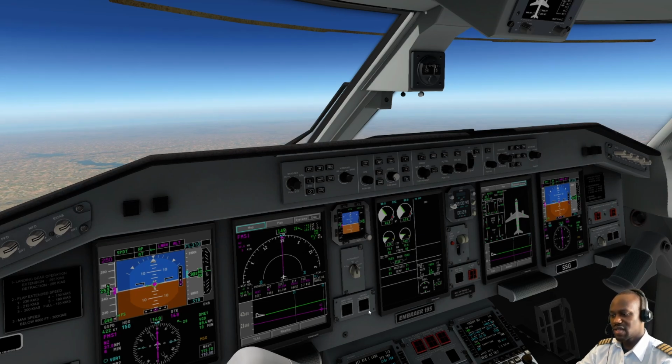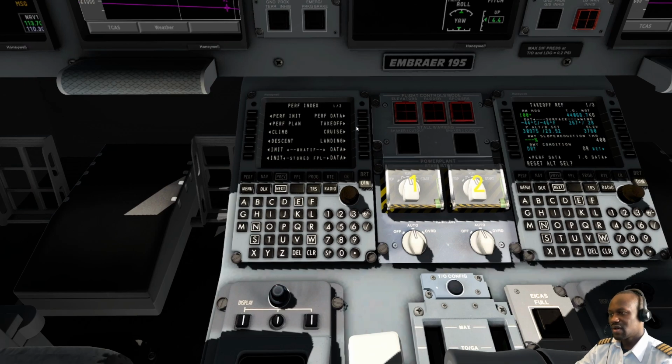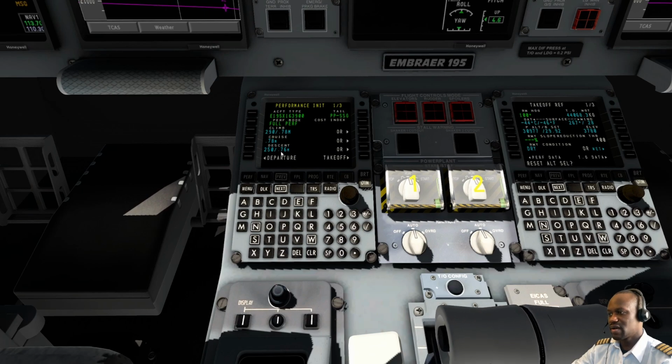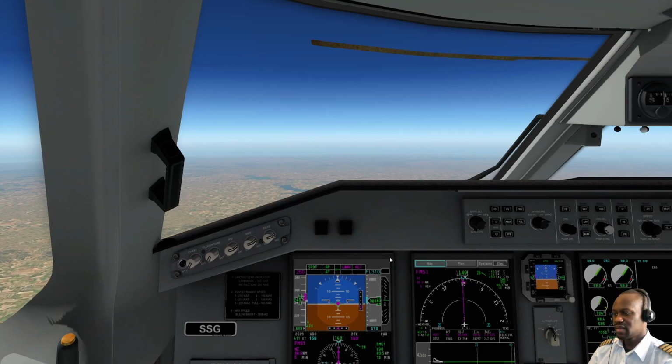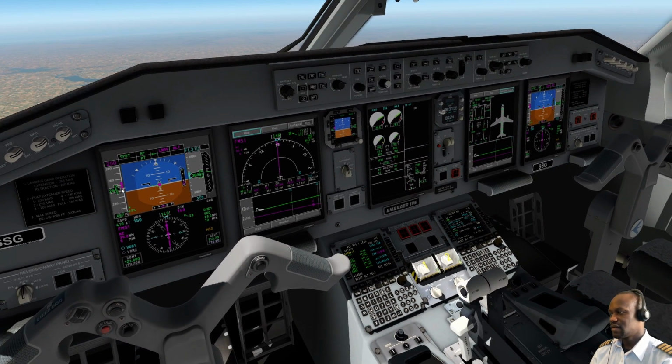That's because that was the planned speed on descent. So our speed on descent is 250 knots, and that's what the aircraft will maintain. The message reset altitude select still remains.